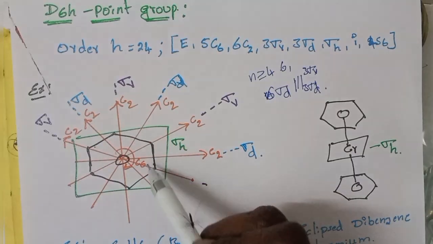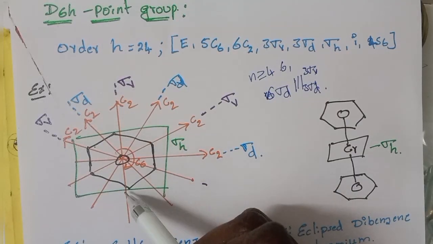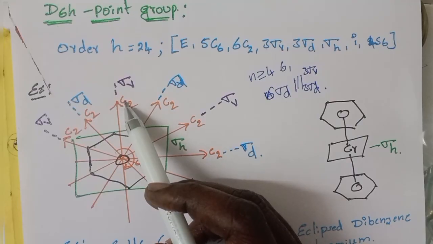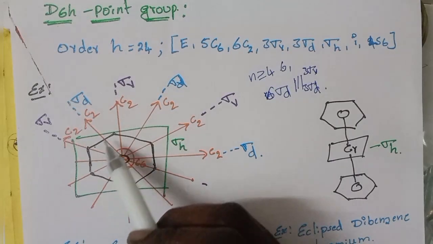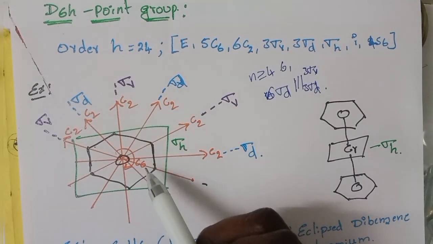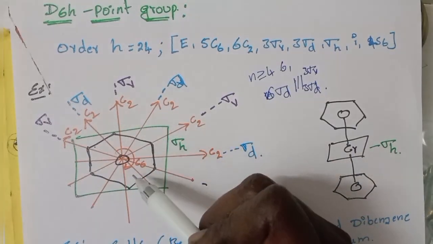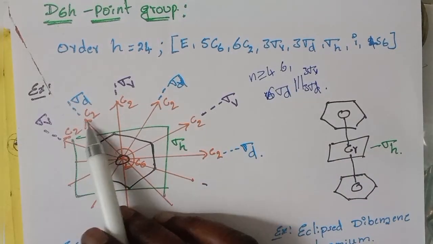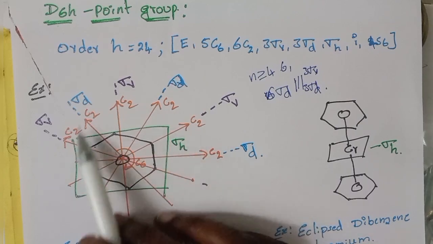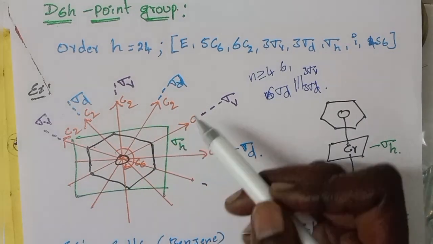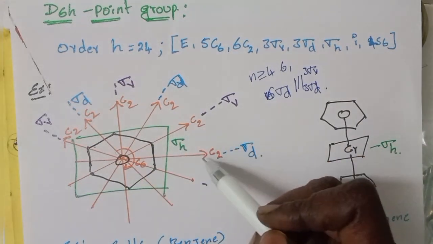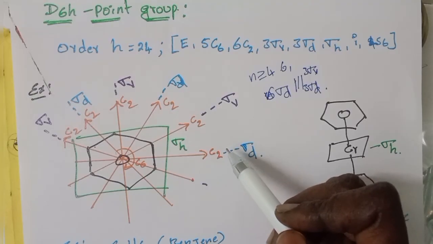So 6 corners are there, right? Through 2 opposite corners, each C2 is possible. Like that, through the 6 corners, 3 C2s will be possible. Through 2 opposite edges, 3 C2s will be possible. So that is 1, 2, 3, 4, 5, 6 C2s. Again, through the 6 C2s, 6 planes of symmetry are also possible.